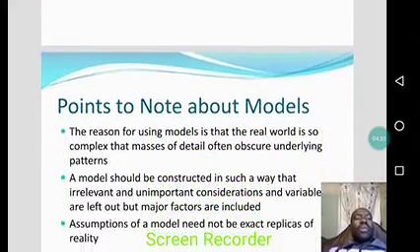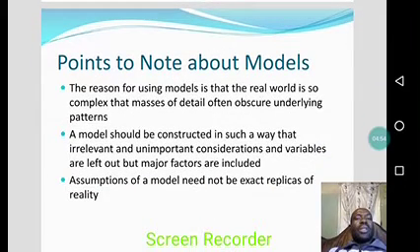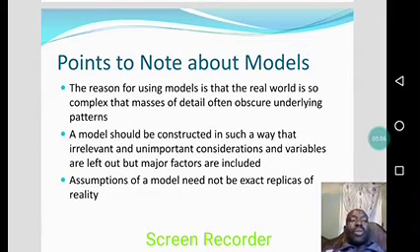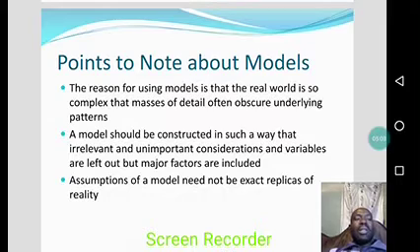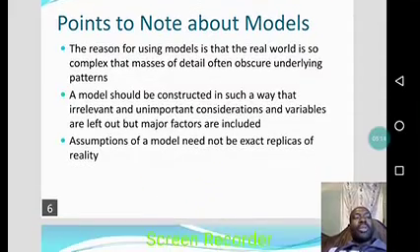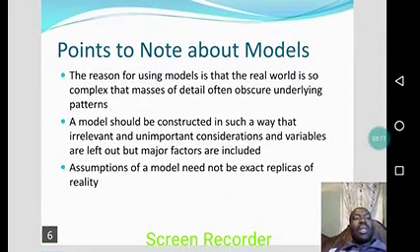And what you need to note concerning models is that because the real world is so complex, and masses of detail are often obscured under other underlying patterns, you more often than not tend to rely on models to predict certain relationships among economic variables.